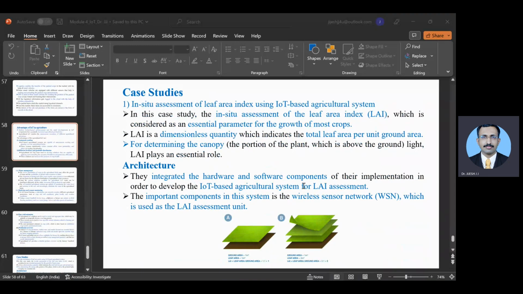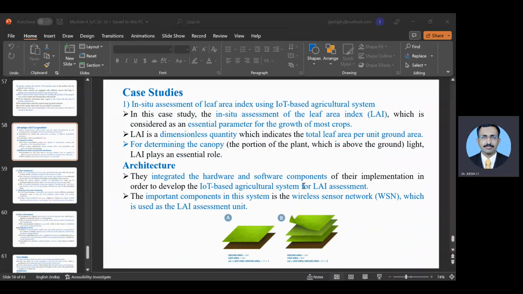The leaf area index is a dimensionless quantity, and total leaf area per unit ground area is determined. It is the portion of the plant which is above the ground, and this leaf area index plays a major role.